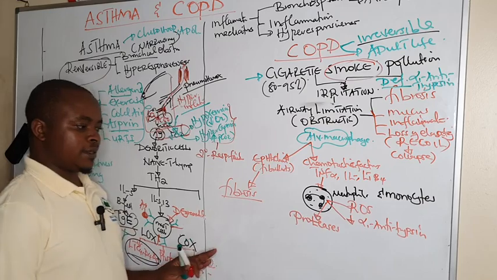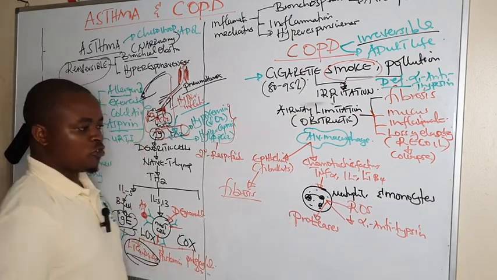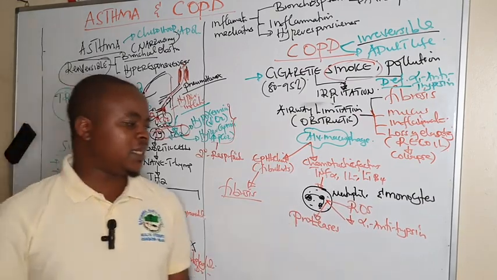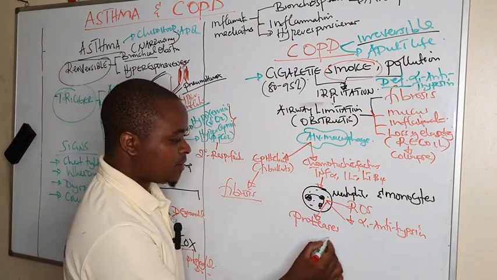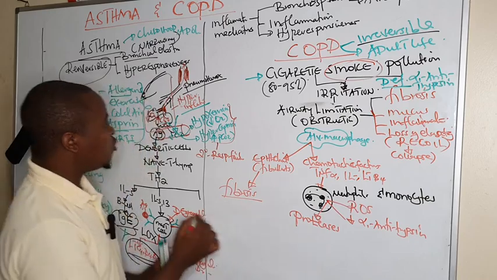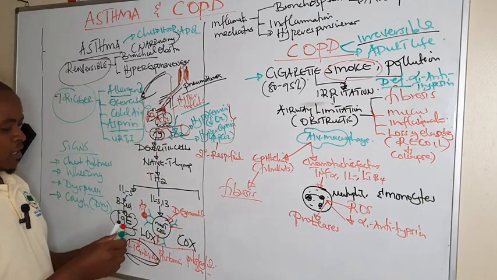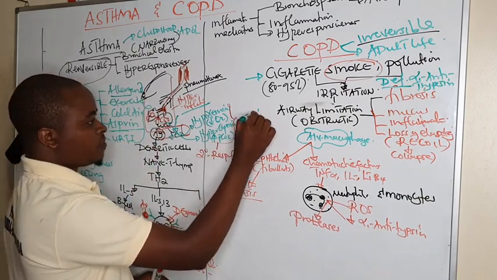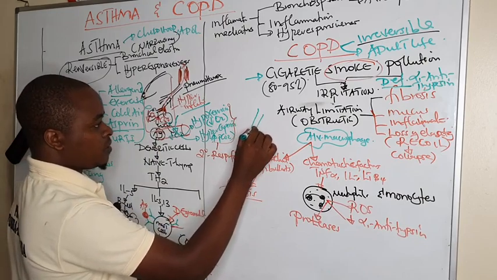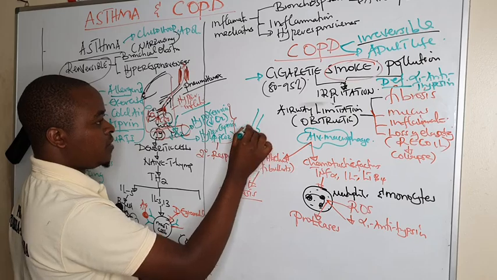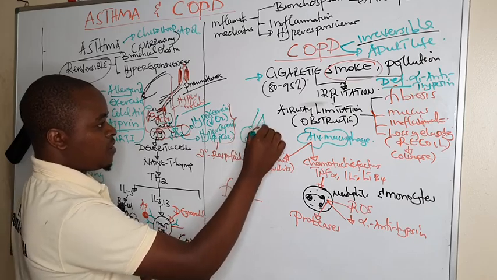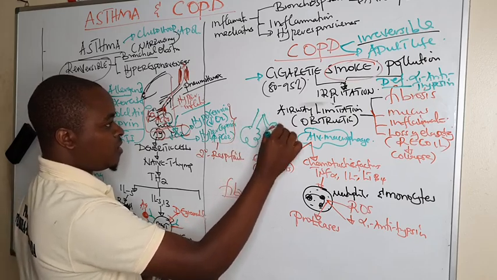Proteases like elastase are produced by these neutrophils. And these proteases like elastase are going to go into the alveoli. Like if we have the alveoli here, and another one here.